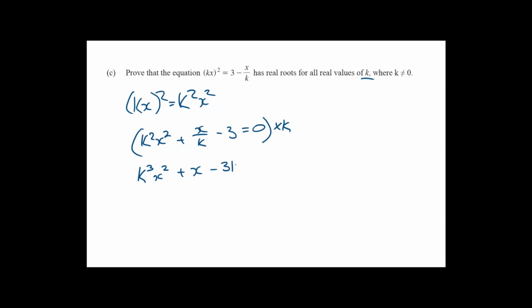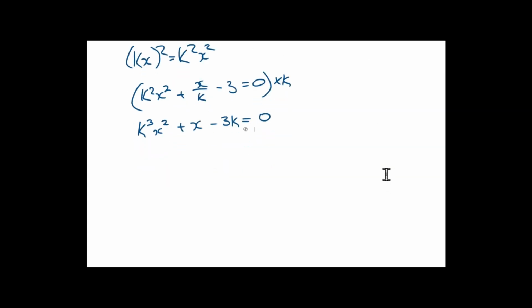Minus 3k, which is a number. And 0 times k is 0. Now we have a good old quadratic, where a is equal to k cubed. b is going to be equal to 1, there's a 1 there. And c is going to be equal to minus 3k.